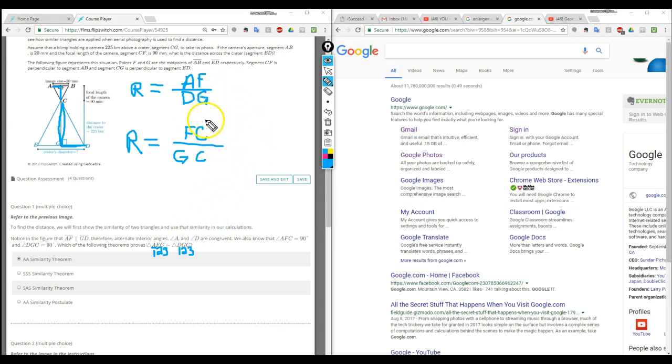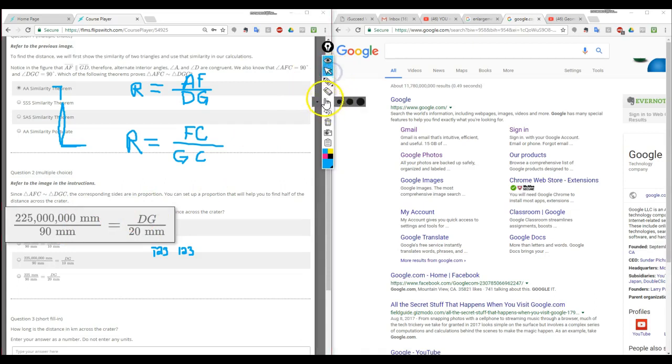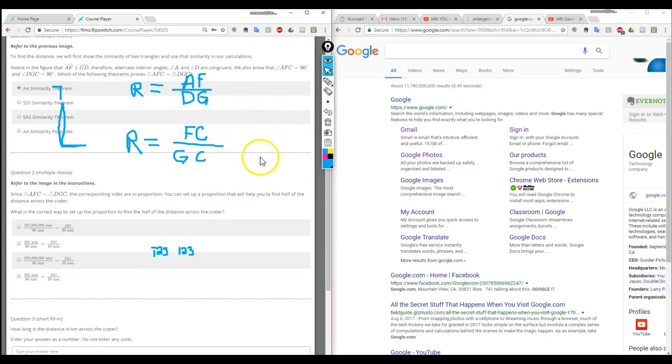Or they could list DG over AF and DC over FC. So what is the correct way to set up our proportion? I'm noticing in this first one they have DG right here, which is correct.